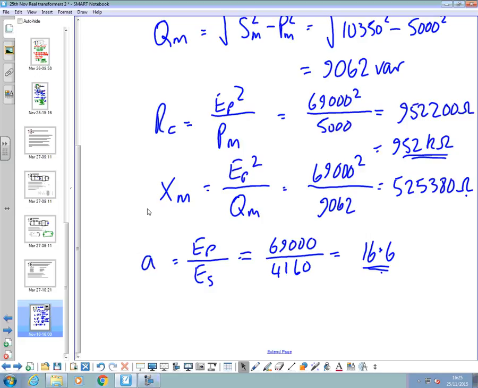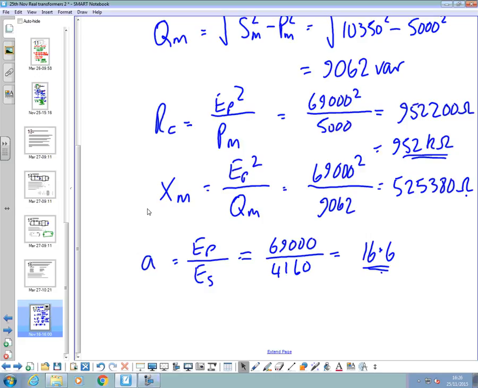So that's the open circuit situation for that transformer, determining values for RC, XM and the transformer ratio. Alright, so the open circuit part, not too bad.